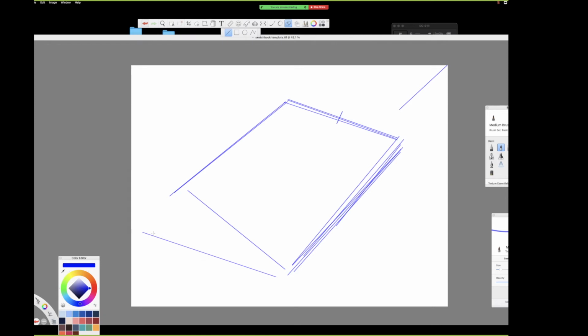Okay, if I do the bottom one, this distance from here to here is bigger than this distance from here to here. And remember, this part of the book is closer to me than this part of the book. Should it be that way or the other way around? The other way around. Yeah, this edge is further away from me than this edge, right?